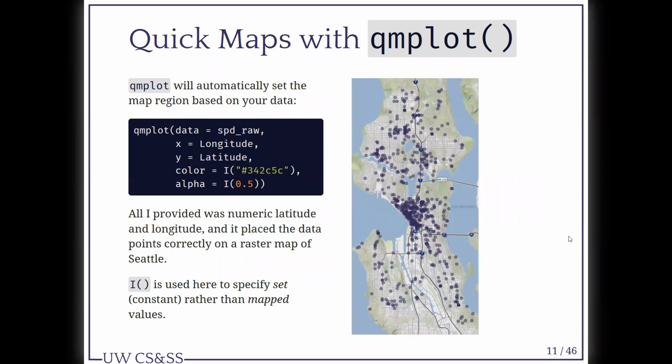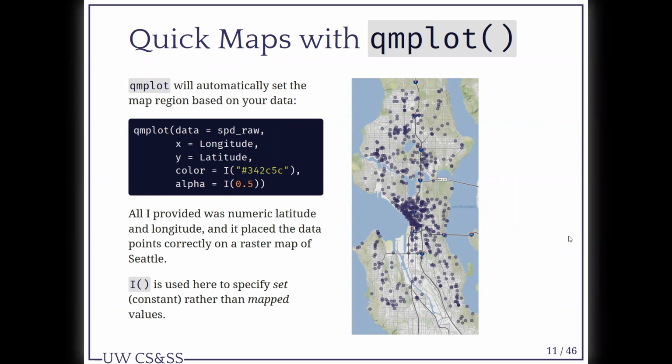Next, you can make quick maps using the qmplot function, so quick map plot function. It will automatically set the map region based on your data. So it knows where your longitudes and latitudes are, and we'll put it right here on this map.